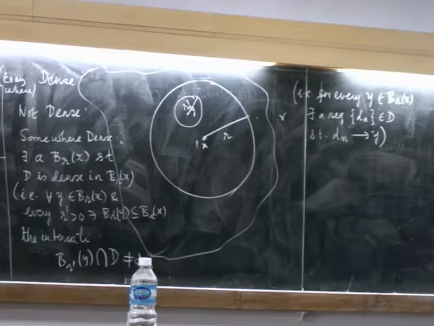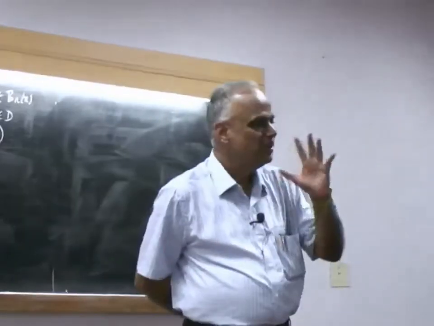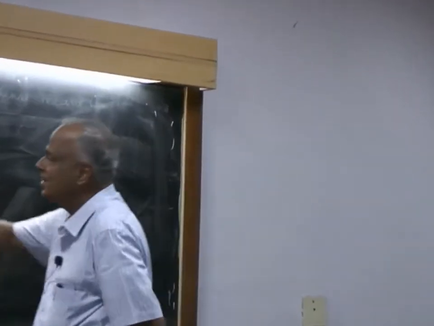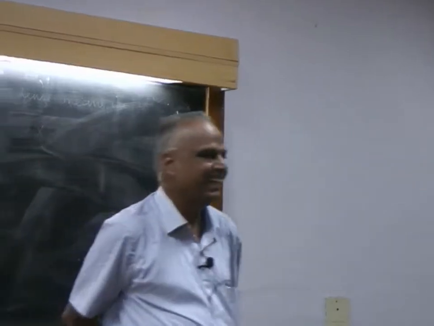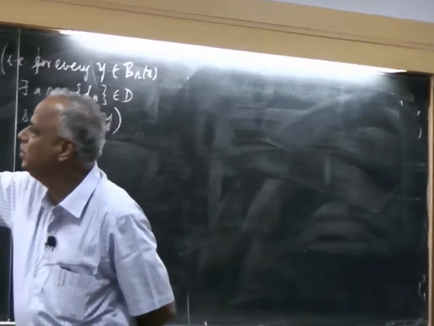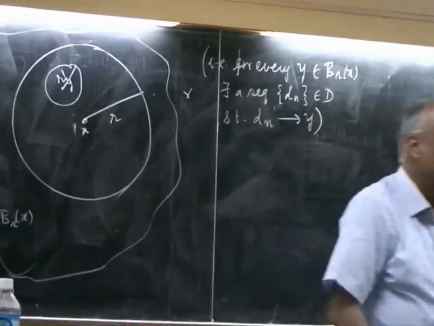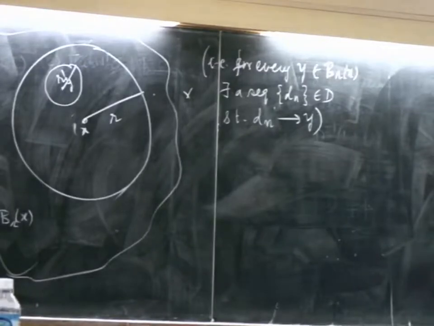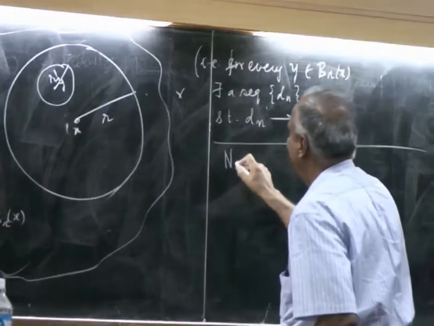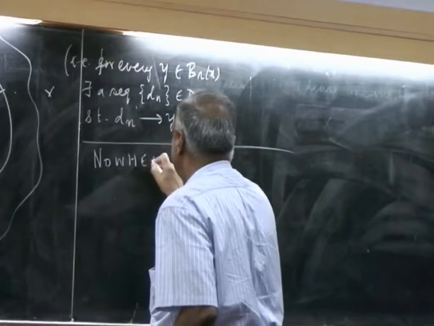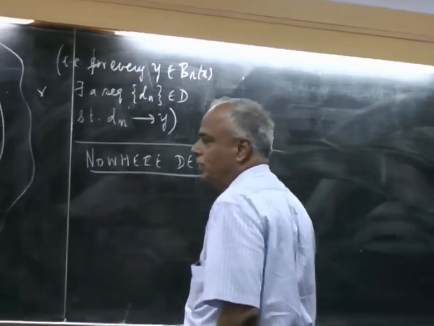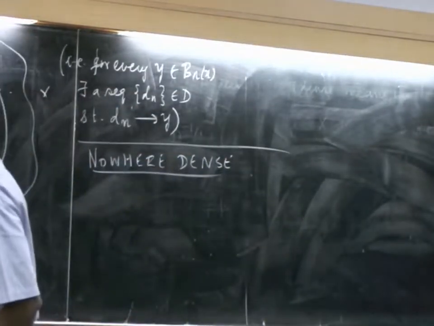What is meant by I am broke? That is, nowhere I can find 5 rupees. That is, it is not dense anywhere. That is, wherever you go, there will be one small ball inside which will be free from D elements. So that's a very important notion. See, logic people should think, what is somewhere dense? There exists an x.